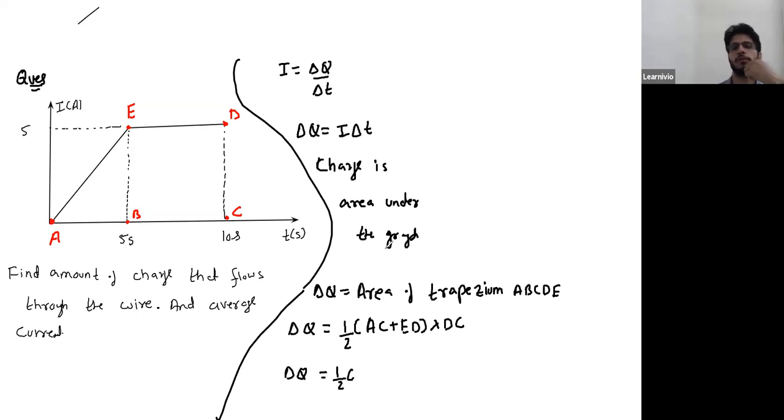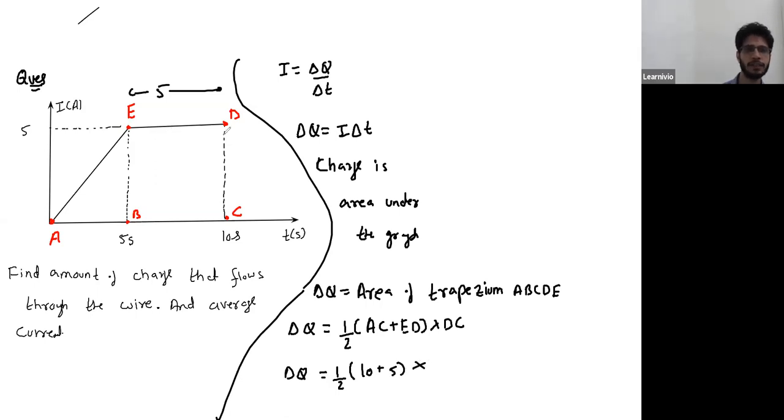You can even break your trapezium into a triangle and rectangle if you want. So that's half, AC. How much is AC? It's 10. Plus ED, 5 to 10, this much length, that's 5.